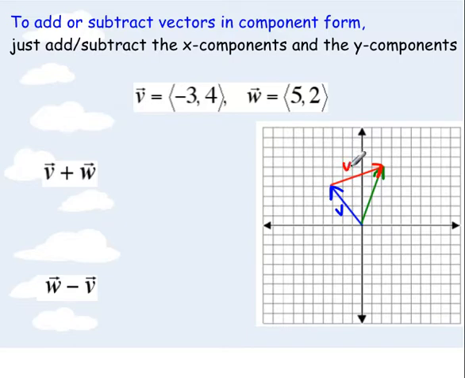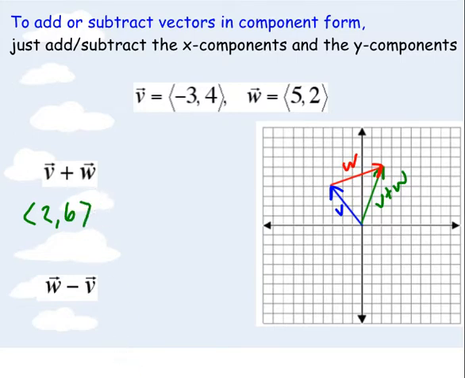That was vector w. So then v plus w is the green one. If I count, I had to go over 2 and up 1, 2, 3, 4, 5, 6. So it looks to me like v plus w would be <2, 6>.